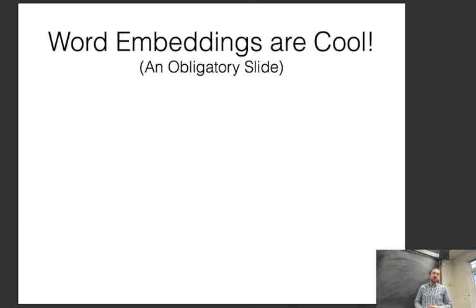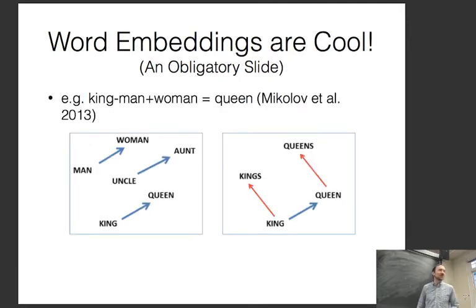And these are cool. This is an obligatory slide that you've seen in every talk about word embeddings ever, which is, you take the word embedding space, you have something like king and queen. You take kings, you subtract king and add queen, and you can get queens.